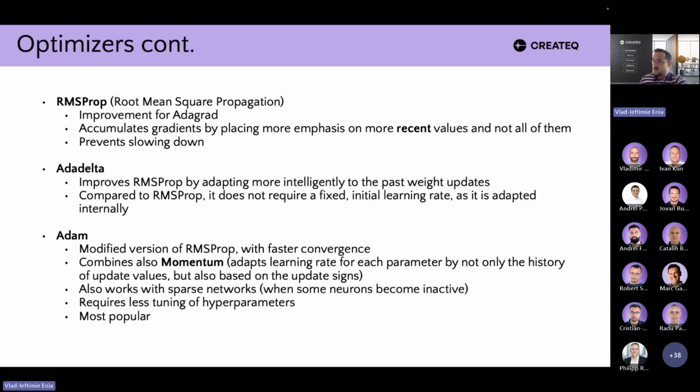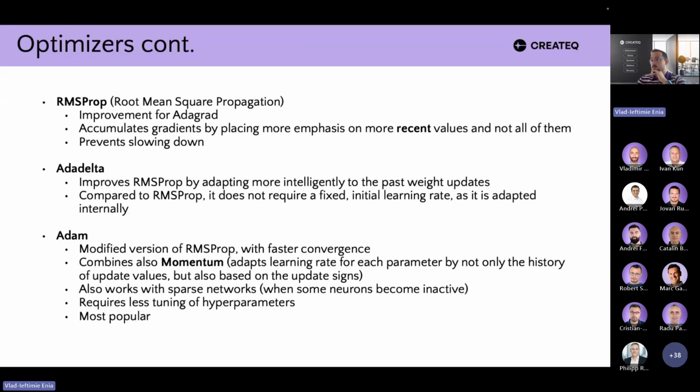So it looks for the direction of the update and applies acceleration based on that. If we have a lot of updates in the downward direction, or with minus, then we have a lot of acceleration in that direction, which speeds up the learning by a lot.